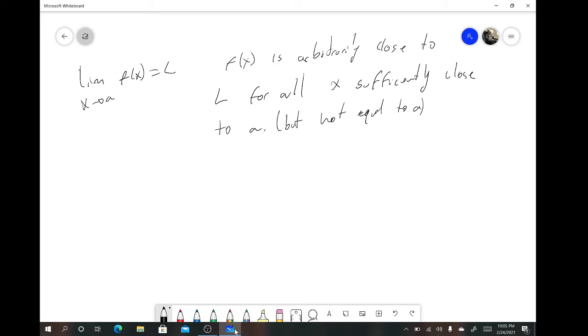That's the definition that we introduced early on, in lecture 4 of the limit.